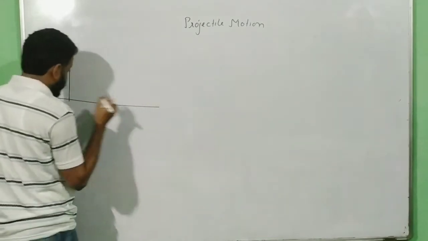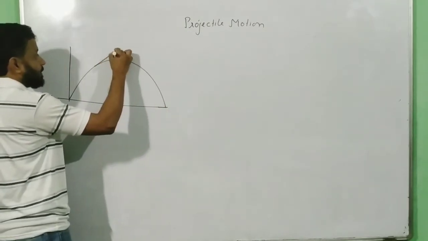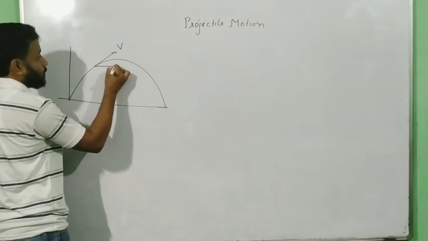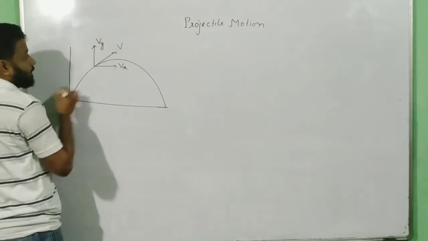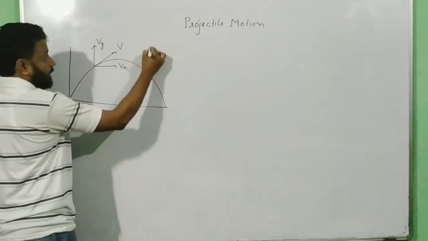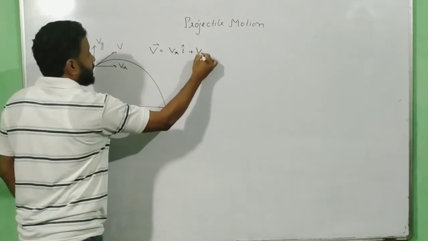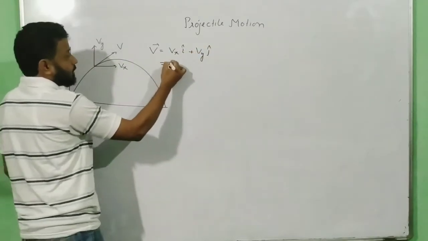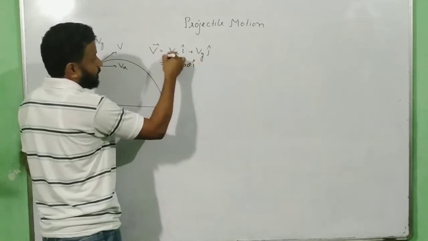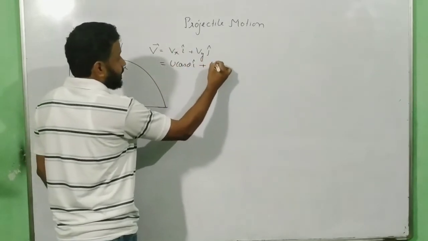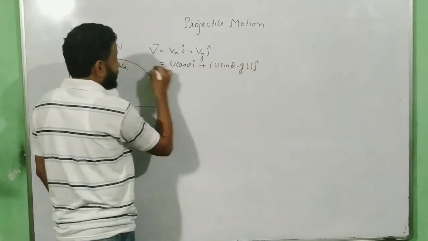So let us start with the example again. Say that after some time t, this is my velocity v, which has its two components, vx and vy. I can write v as vx i cap plus vy j cap, and that is equal to u cos theta i cap, because the velocity along x does not change, plus vy, which you can write as u sin theta minus gt j cap.